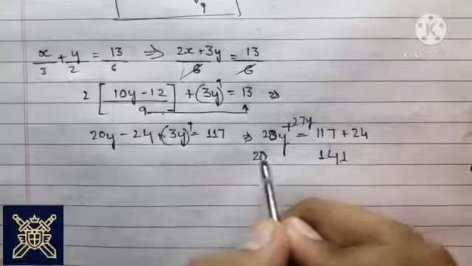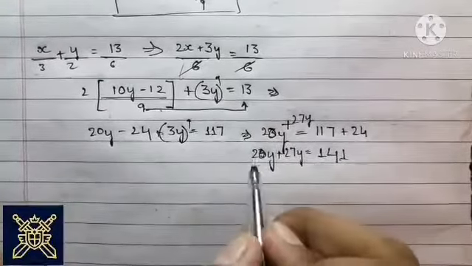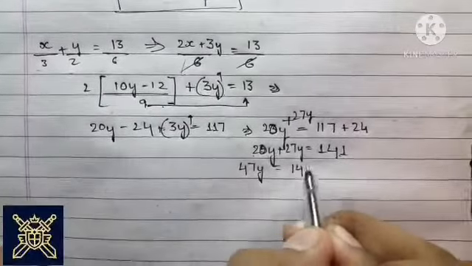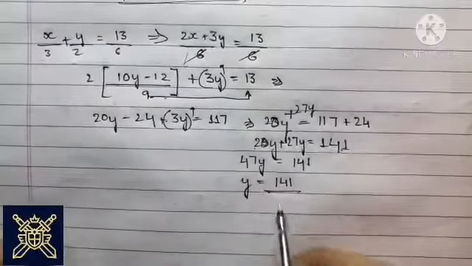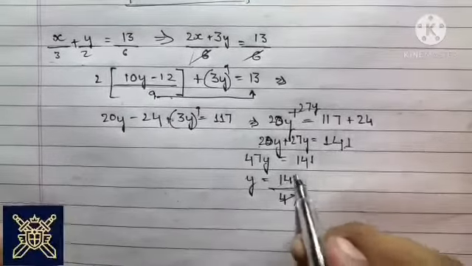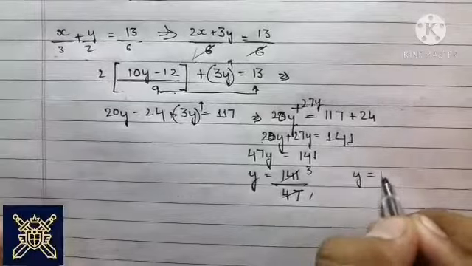So 20y plus 27y is equal to 141. So 20 plus 27 is 47y is equal to 141. Basic maths, y is equal to 141 by 47. And when you cancel out, you find that y is equal to 3. So y is equal to 3.